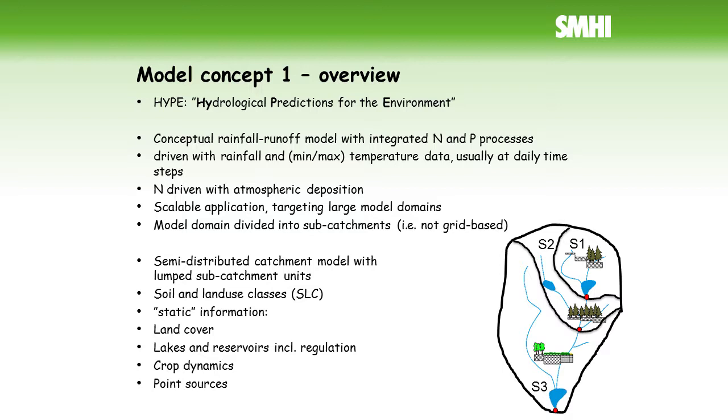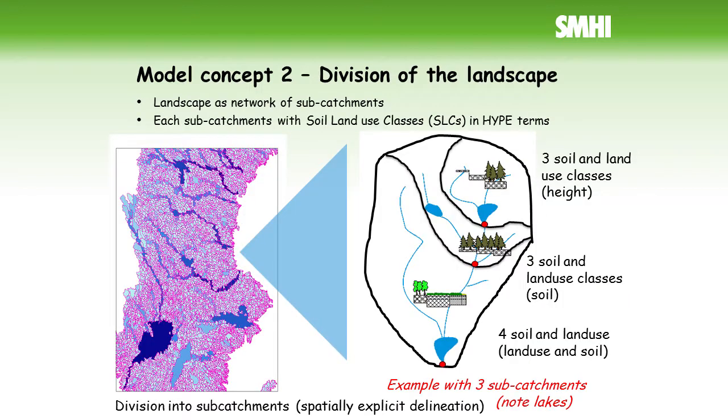Quite a lot of work in the Swedish application has been put on describing the regulations, but I don't think we will go through that very much. You can also model crop dynamics and have point sources, for instance, wastewater treatment plants and uptake of water for different purposes, pumping, etc. This is an illustration of the basin divide in Sweden in the earlier version, which had about 17,000 or 18,000 subbasins.